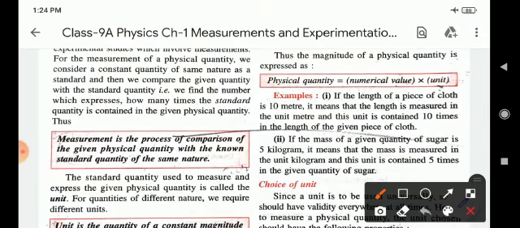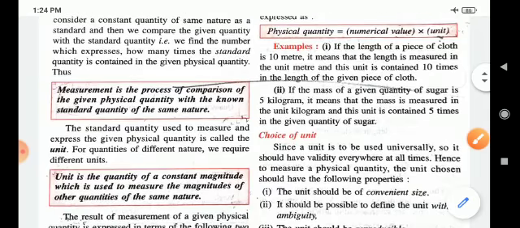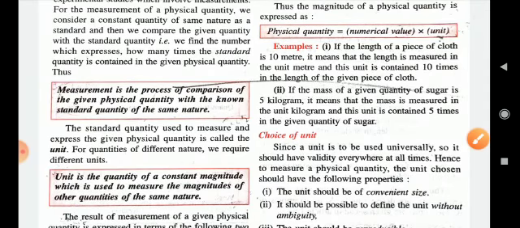Very important point, children. Measurement is the process of comparison of the given physical quantity with the known standard quantity of the same nature. Right? The standard quantity used to measure and express the given physical quantity is called the unit.